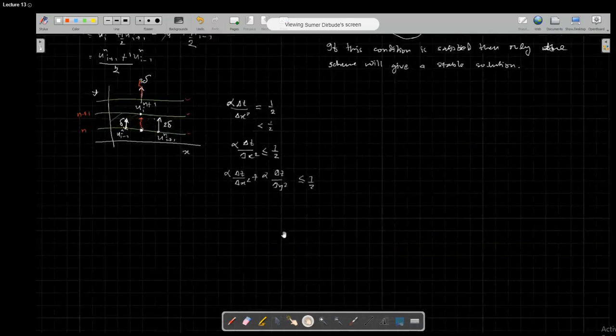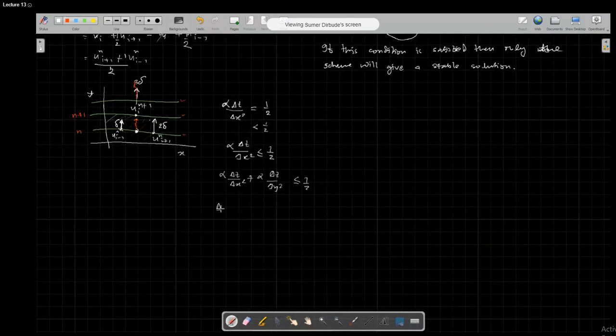And suppose we have delta x equals delta y, then alpha delta t by delta x square should be less than or equal to 1 by 4. That is in 2D.